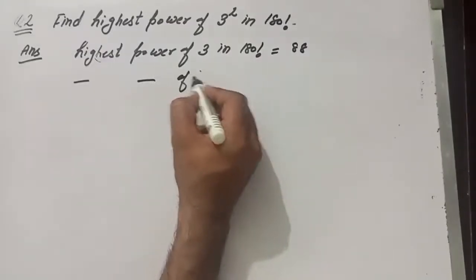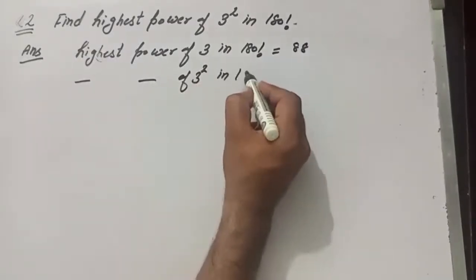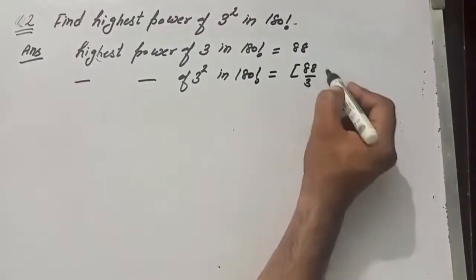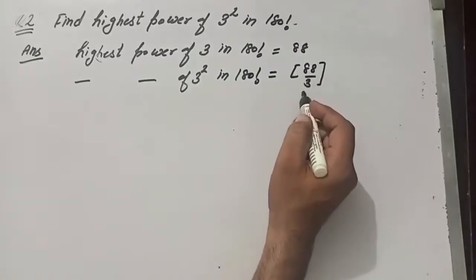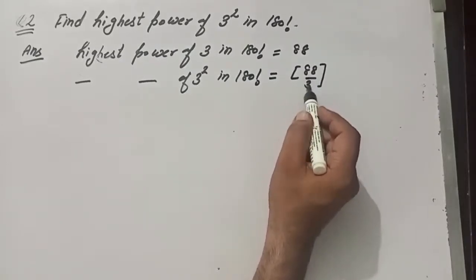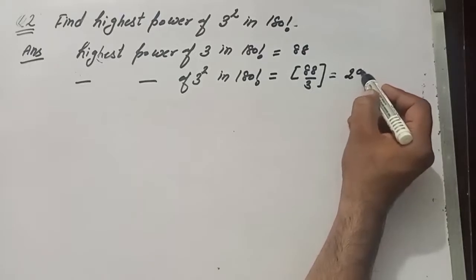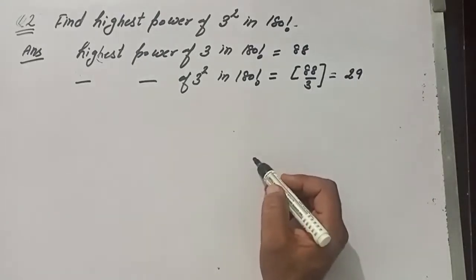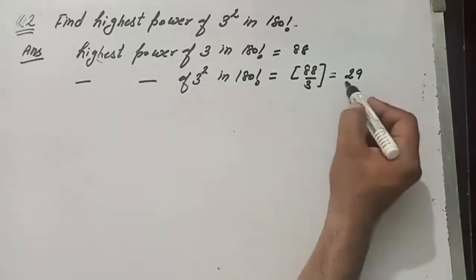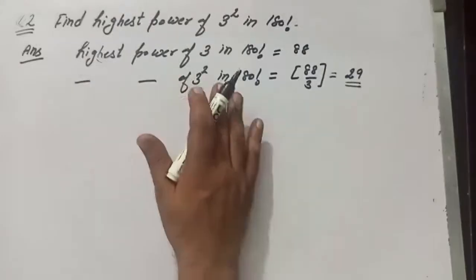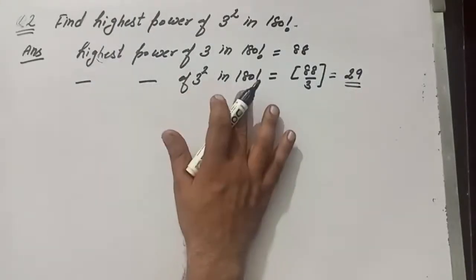So for the highest power of 3 square in 180 factorial, just calculate the greatest integer of 88 by 3. Now divide 88 by 3. What will you get? Quotient will be 29, remainder will be 1. So this is the highest power of 3 square in 180 factorial. See, by this method you can find any power of a prime in a given factorial.